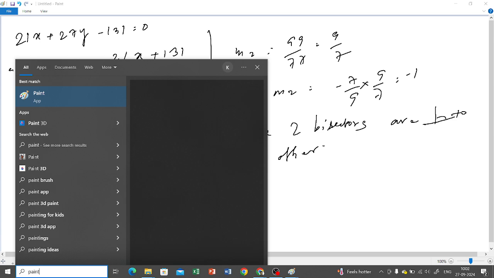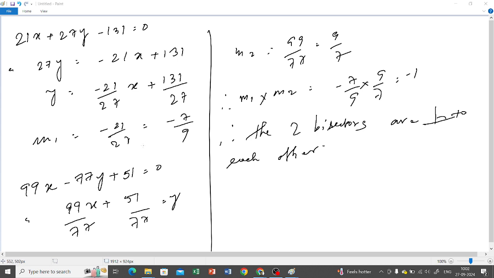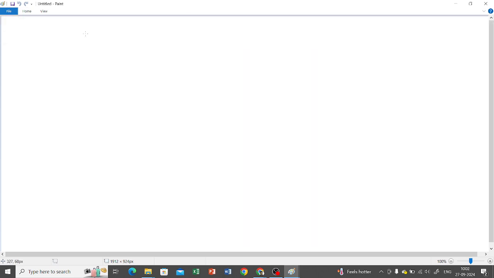Let's move on to the next one. Find the bisector of the angle between the following pairs of lines in which the origin lies.